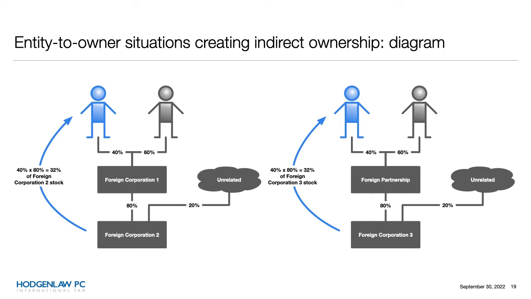Same idea with partnership at the top, except the difference is you have a 40% partnership interest, and the same math occurs, 32%. So in the year that the foreign partnership acquired the stock of the Foreign Corporation 3, its subsidiary entity, you went from owning no stock in Foreign Corporation 3 to owning 32%. That's clearly enough for Category 2 and Category 3 filing requirements.